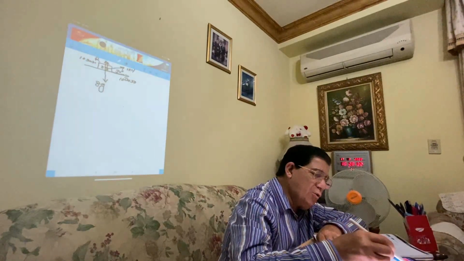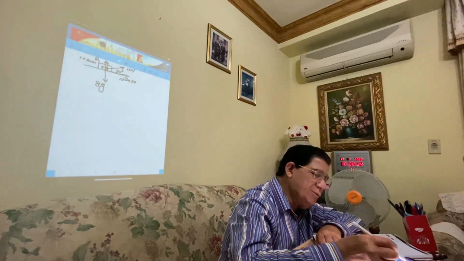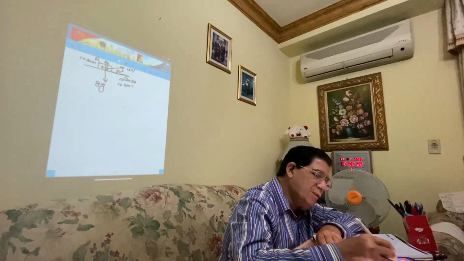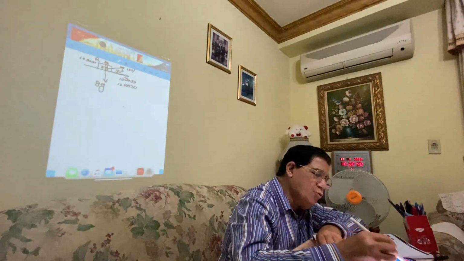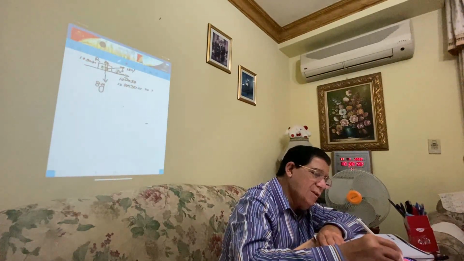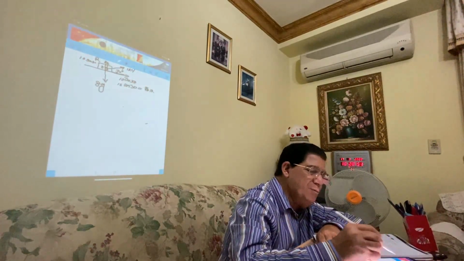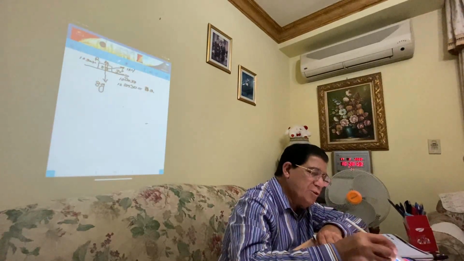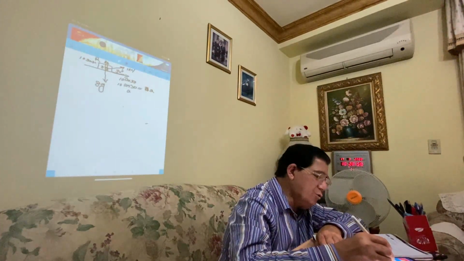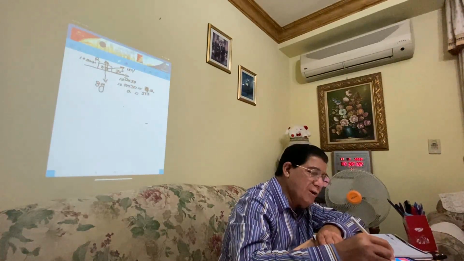The horizontal component will produce acceleration. So 10 cosine 30, no force against the motion, equals ma equals 8a. m is 8. From this equation, I can get the acceleration, which will be equal to 5 root 3 over 8.